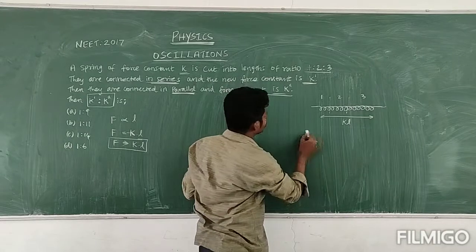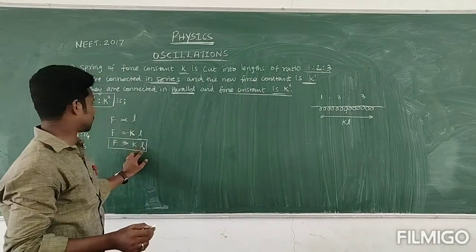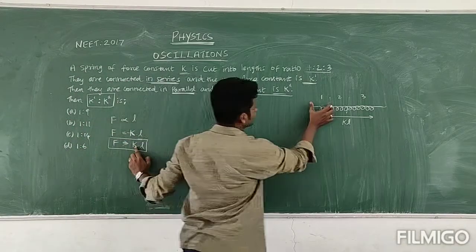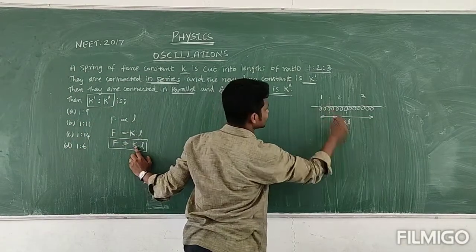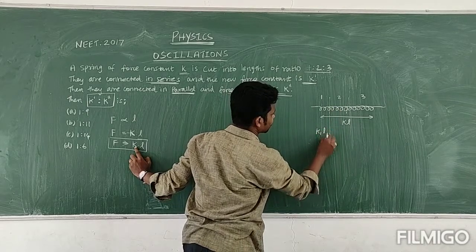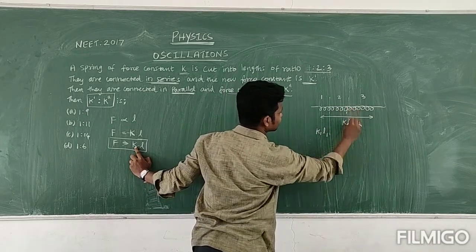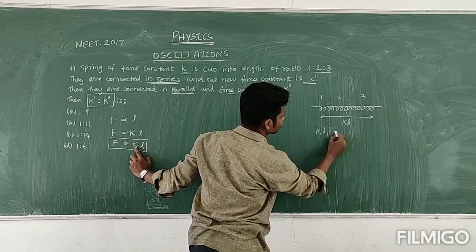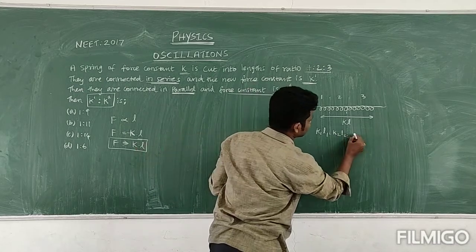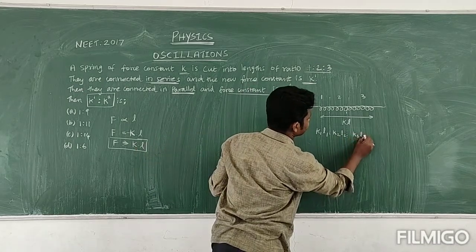Now we know that the total force value is K into L. Like that, the first part alone is K1 into L1, the second part alone is K2 into L2, and the third part alone is K3 into L3.